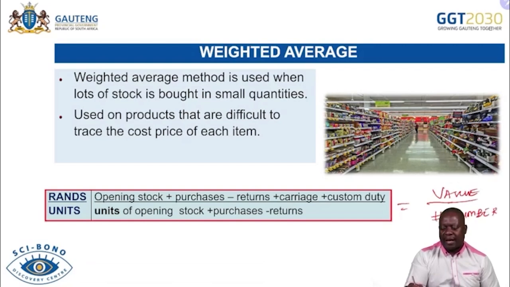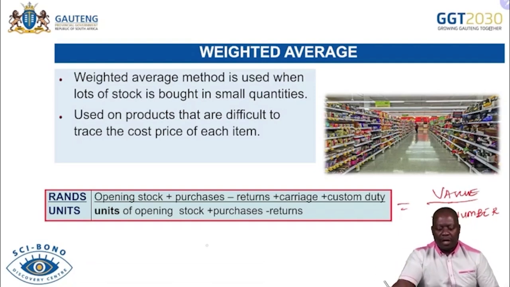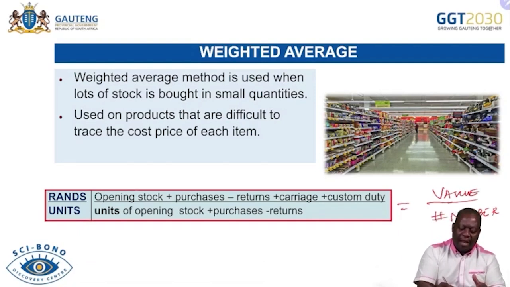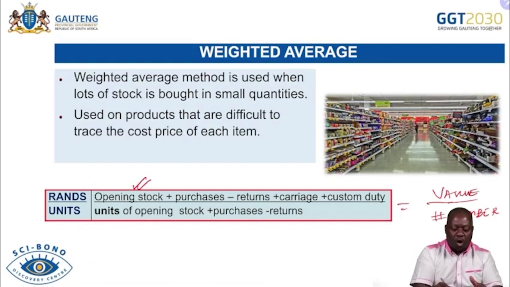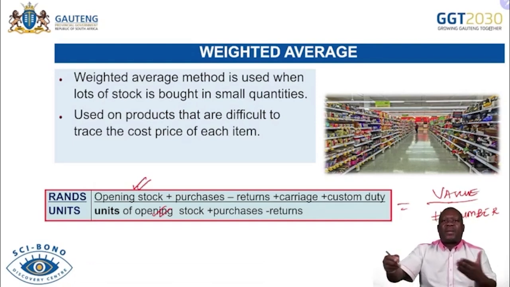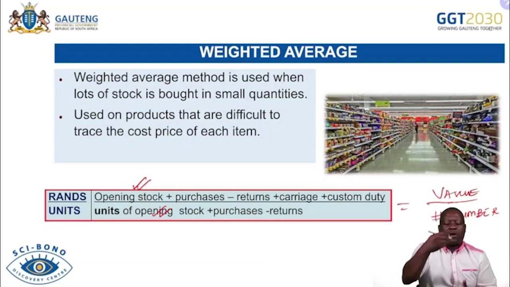So we need to know the number of items that we have in stock at the bottom and the value of the same items on top. Now, let's check what we do. We take the opening stock value on top, and below it, we put the opening number of units. So opening stock value on top, number of units at the bottom.